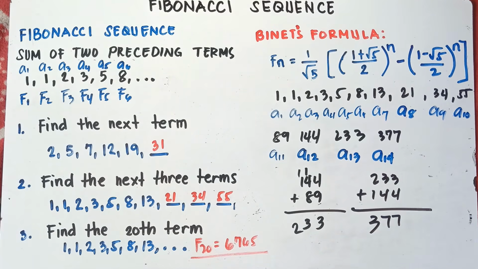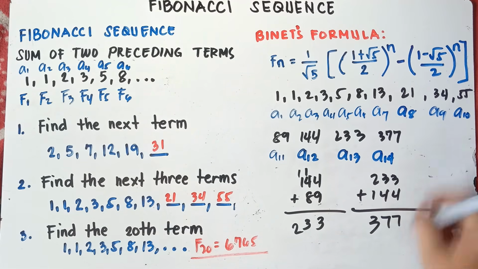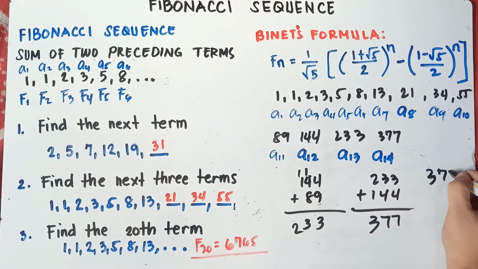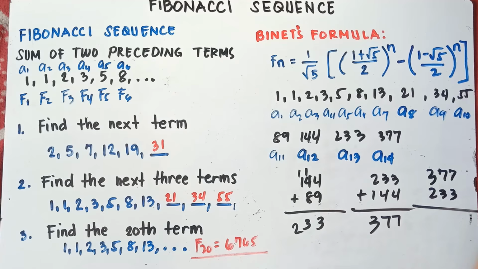So that's why, class, if you do it manually, it will take time. So 377 plus 233. So this will be 7 plus 3 is 10, carry 1. 7 plus 3 is 10, plus 1 is 11, carry 1.